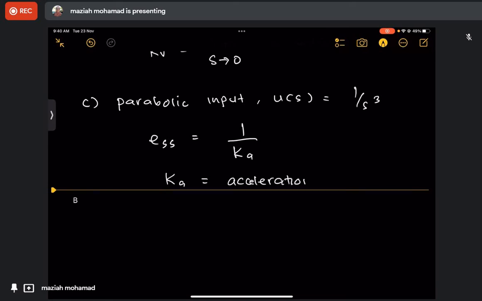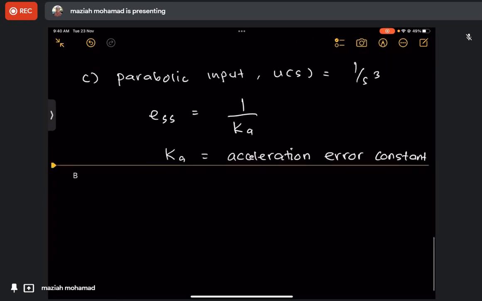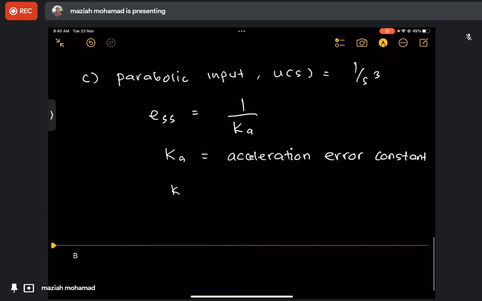We can calculate Ka by applying the limit as s goes to 0 of s square multiplied with the open loop transfer function. All right, so this is how the type of input will affect the calculation of steady state error.